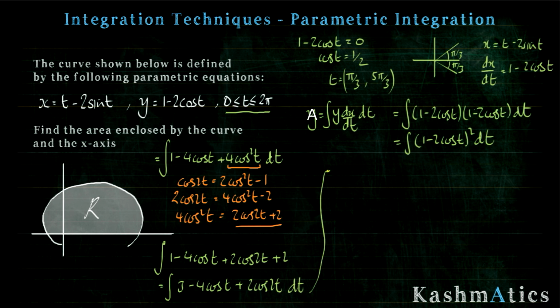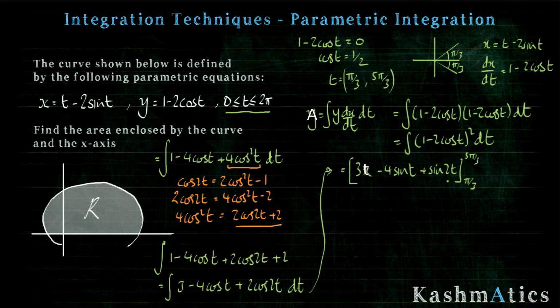So now we can actually integrate this, and what we get is 3, which becomes 3x. 4 cos t becomes 4 sine t. In this case, it's minus 4 sine t. And this last term becomes 2 sine 2t over 2, which is just sine 2t. So plus sine 2t. And my limits are 5 pi over 3 and pi over 3.